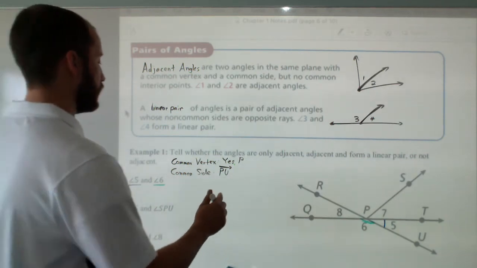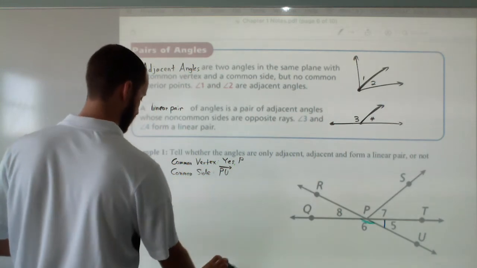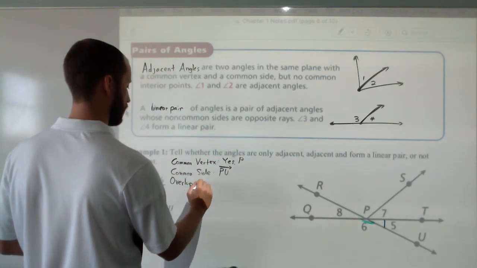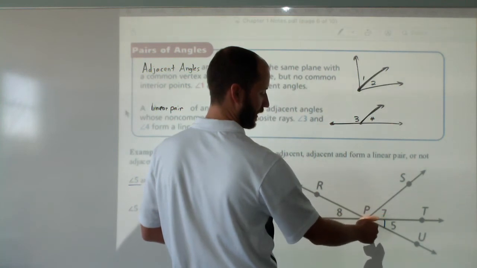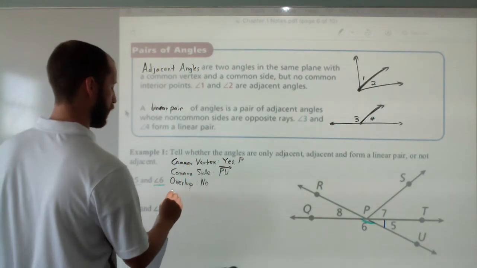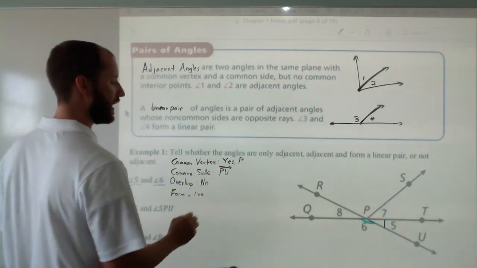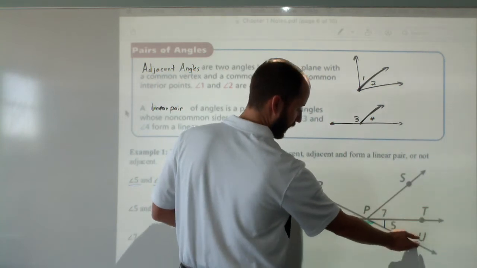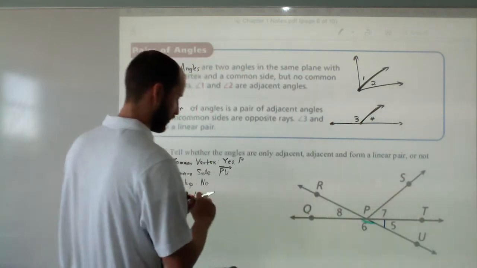Now you have to look, okay, do they overlap? I don't know why I'd make that a Q. That's just wrong. And no, they don't. This 5 where I drew the blue arc, this 6 where I drew the green arc, they don't overlap with each other. So there's no overlap. And then do they form a line? Well, if I look, 5 goes from T to U, 6 goes from U to Q, from T all the way over to Q, we have that straight line.